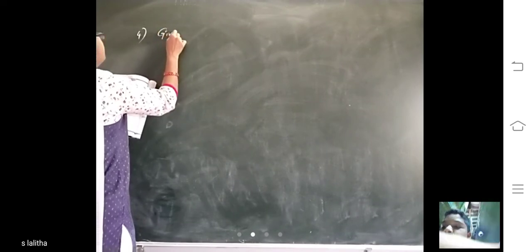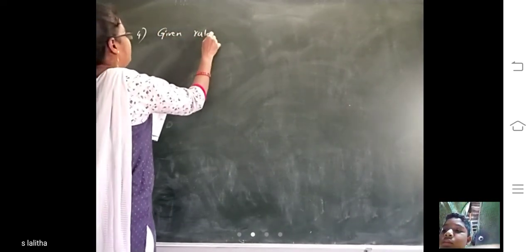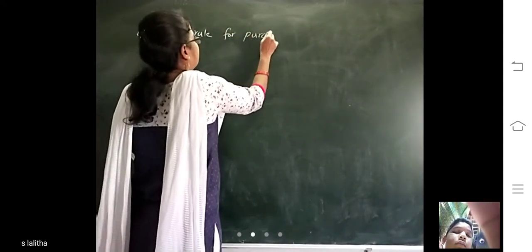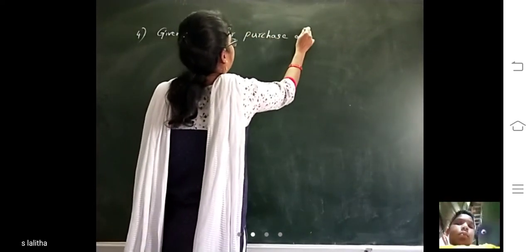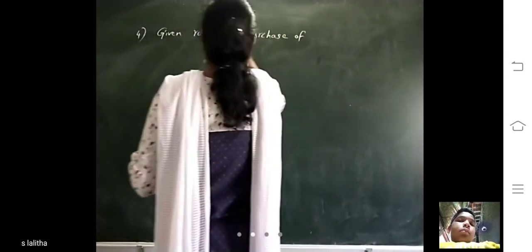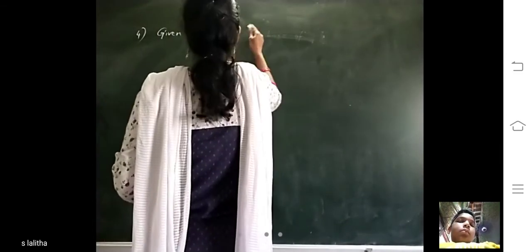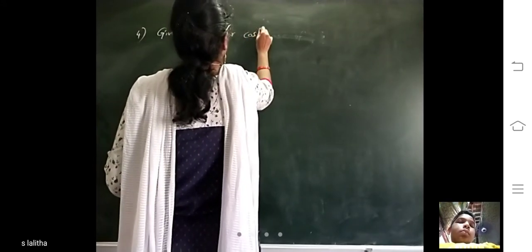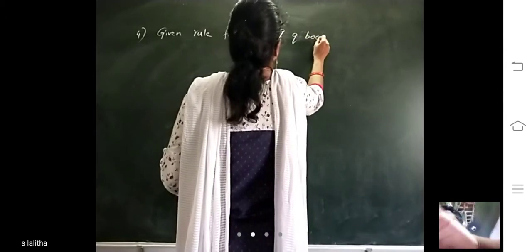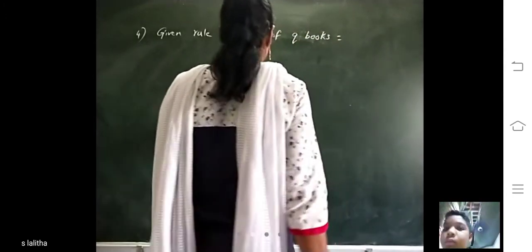Given: the rule for the cost of q books. Cost of q books is equal to how much?